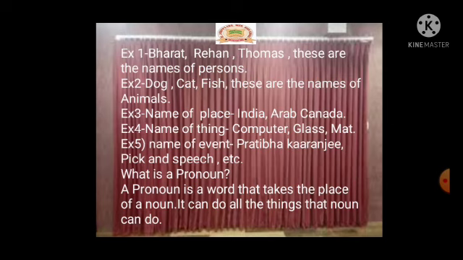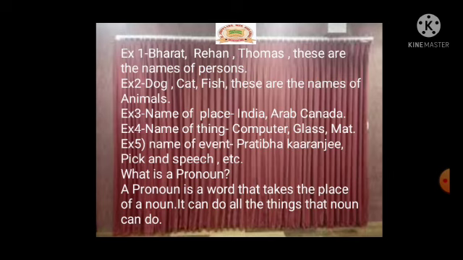Example 2: dog, cat, fish, these are the names of animals. Example 3, name of a place: India, Arab, Canada. Example 4, name of a thing: computer, glass, mat. Example 5, name of an event, for example, Pratibha Karanji, pick and speak, etc.